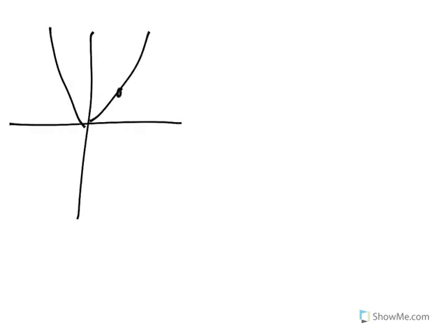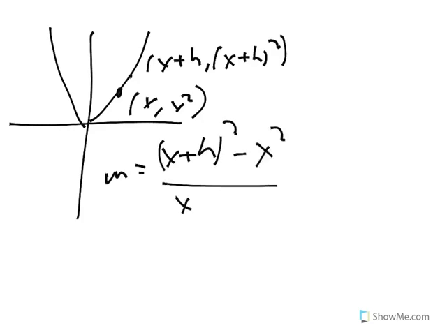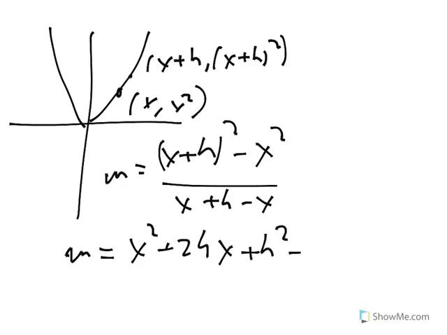I want to show you how to prove that that's always the case. Instead of calling the point 3, 9, I'm going to call it x, x squared, and the other point is going to be x plus h, comma, x plus h squared. So the slope is x plus h squared minus x squared over x plus h minus x, which becomes x squared plus 2hx plus h squared minus x squared.